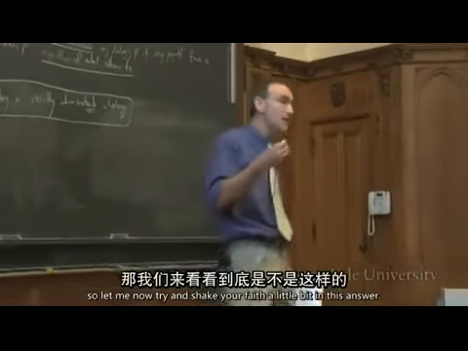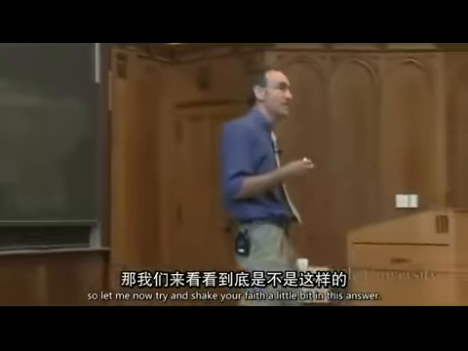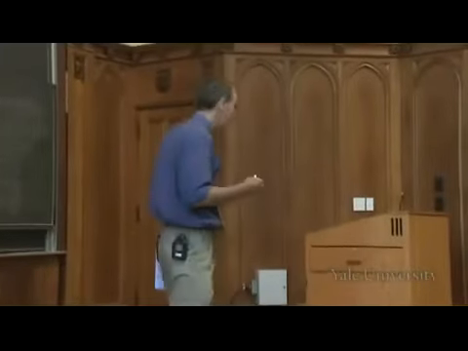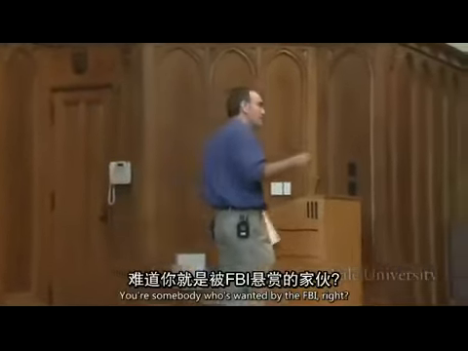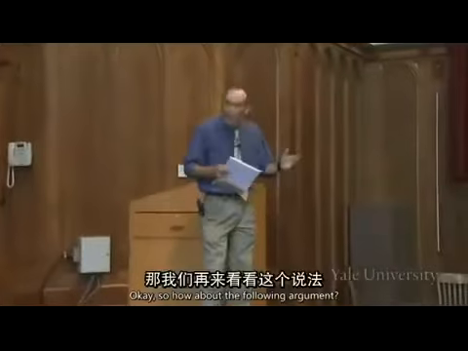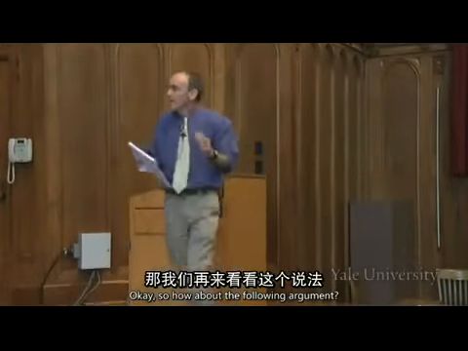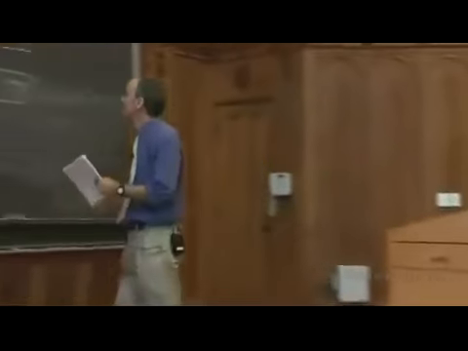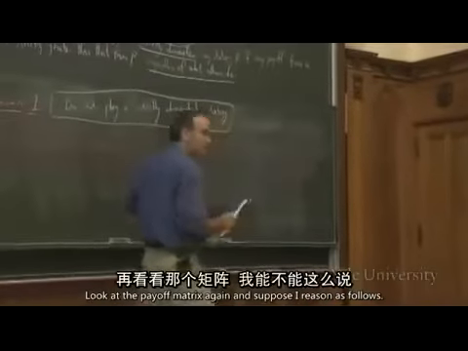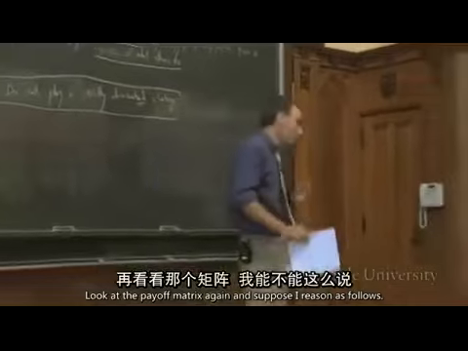So let me now try and shake your faith a little bit in this answer. How about the following argument? Look at the payoff matrix again, and suppose I reason as follows.